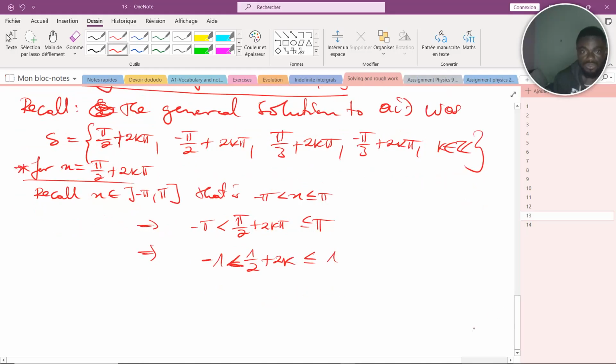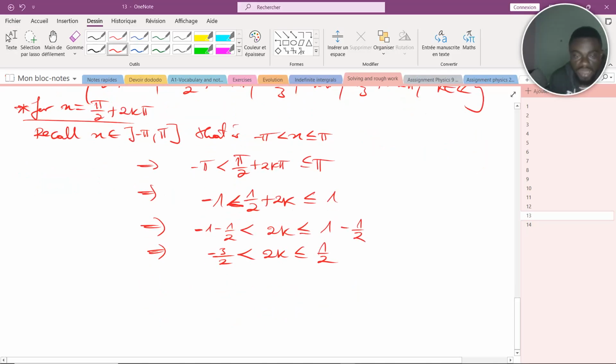Very good. So this implies we have to subtract a half from each part because we have a half here. So I will have minus 1 minus a half, strictly less than 2k less than or equal to a half minus a half. So this will give minus 3 on 2, and here I have 2k less than or equal to a half.